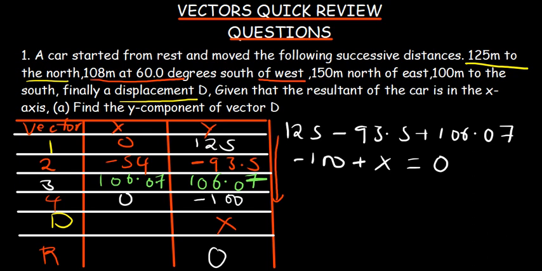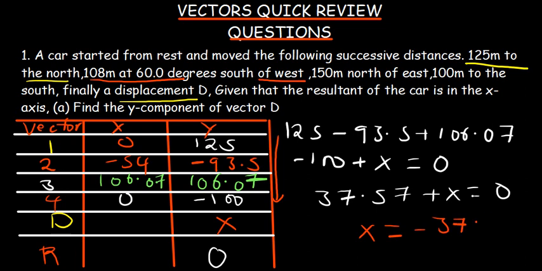So grab your calculator there, 125 minus 93.5 plus 106.07 plus negative 100. Okay. So what I have is 37.57 plus x is equal to 0. So the value that we are finding for our x component there is negative 37.57, right?